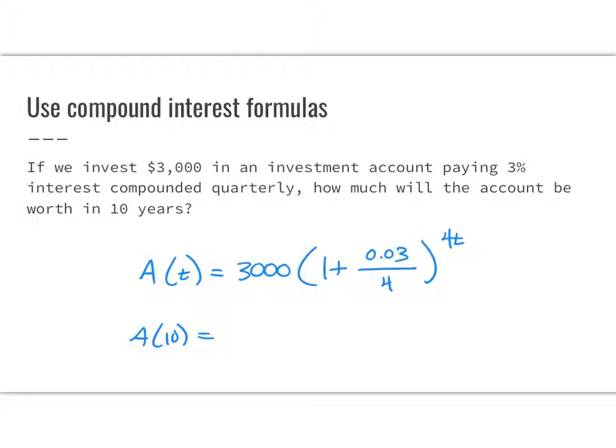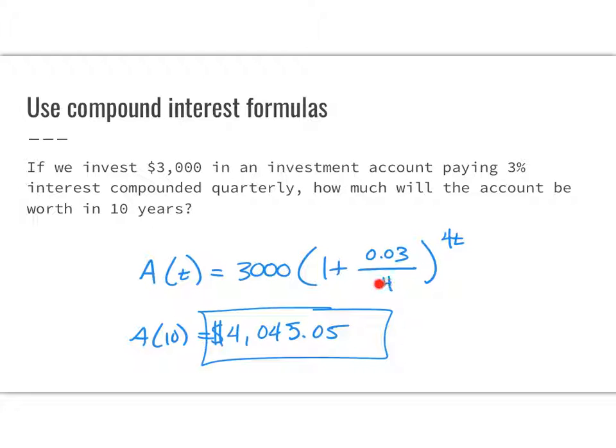And in this case, it should be about $4,045.05 after 10 years. So that's using the compound interest formula, right? So you need to identify the principal amount, the rate, the number of compounding events in a year, and the time. That'll tell you what it's worth.